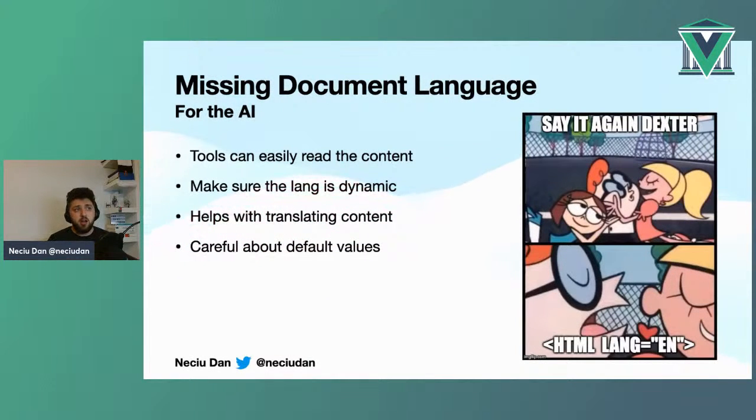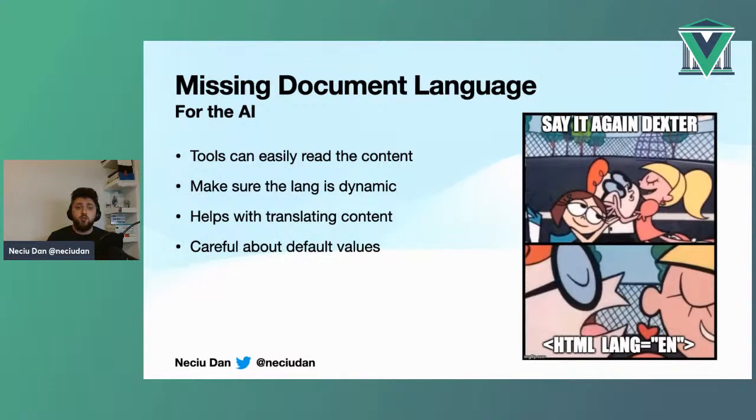So, missing document language. The language declaration is an HTML attribute that you put on the opening HTML tag, and it denotes the default language of the content on a page. The language declaration is usually already set by the framework by default or by bootstrapping an application, and it's usually set to English.